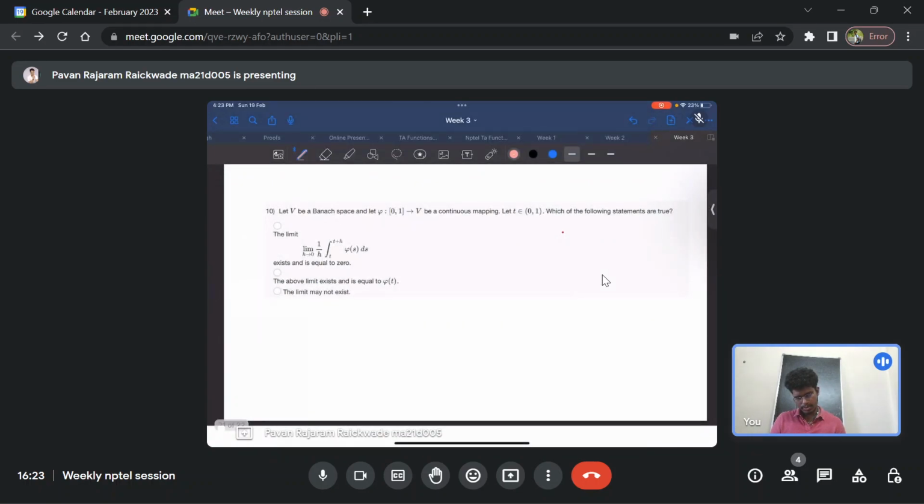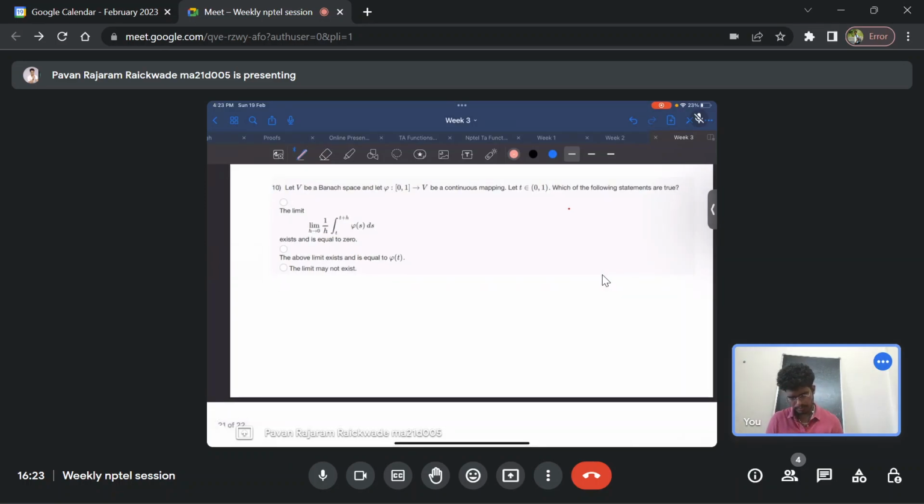If V is a Banach space and phi is a V-valued continuous mapping, which of the following statements are true? So phi is a function from C01 to B, continuous. What do you know from basic metric spaces? That a continuous function from a compact space is uniformly continuous, which implies phi is uniformly continuous.